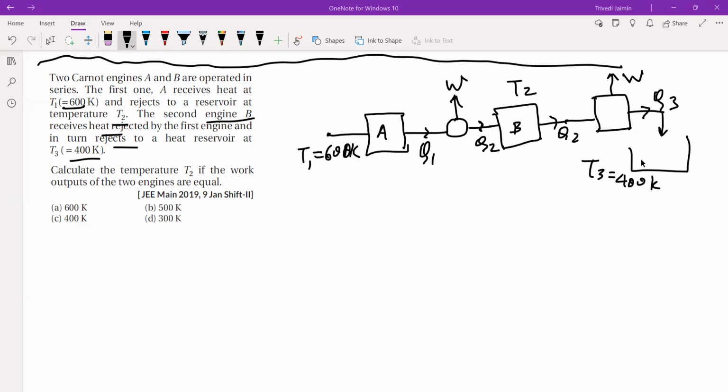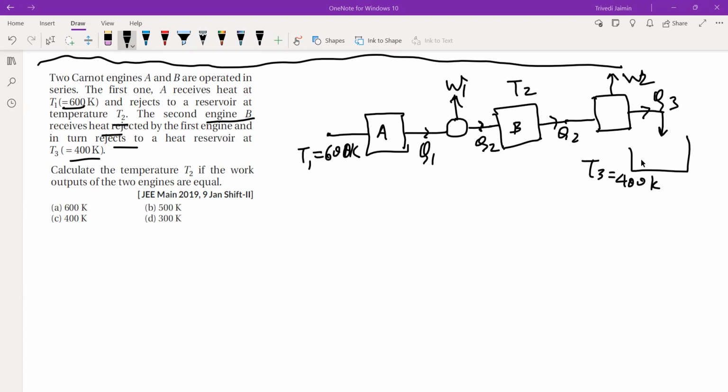Then we need to write about W1 and W2. So W1 will be this one, right? W1 will be Q1 minus Q2 because it's going this way, and W2 will be Q2 minus Q3. So both work done should be the same.